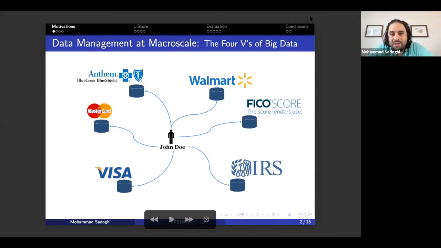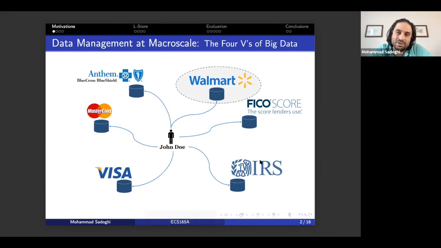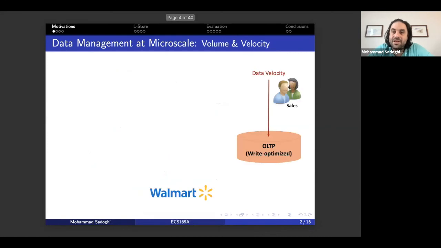But the problem is even more challenging, and this perhaps is the focus of this course. If you look within a single organization, let's look at Walmart, for example, what we find is that they have a really write-optimized engine, their OLTP, online transactional processing, that is really good for sales, processing hundreds or thousands of transactions per second.